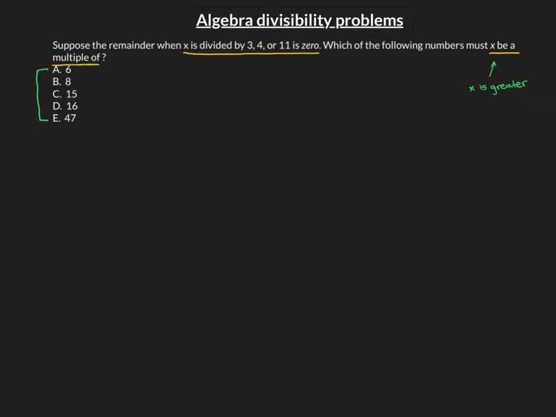Now there's two ways that you can solve this problem. One takes a long time while the other is relatively short. So first I'll go over the long method.